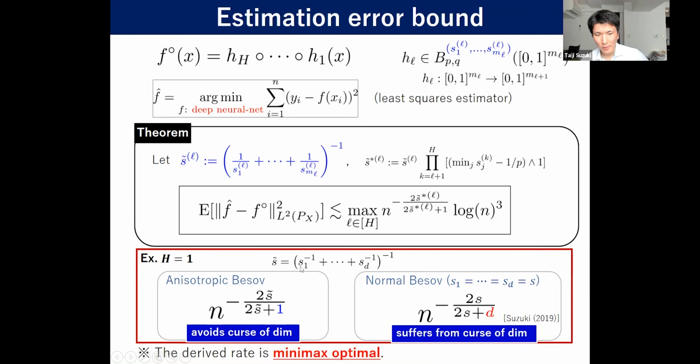So if s_1 is small and the other parameters s_2 to s_d are very large, it only depends on one direction, and in the other directions it is almost constant. So then s tilde is almost s_1. So instead of s tilde, there appears s_1, so dimension d doesn't appear. This means that the neural network avoids the curse of dimensionality.